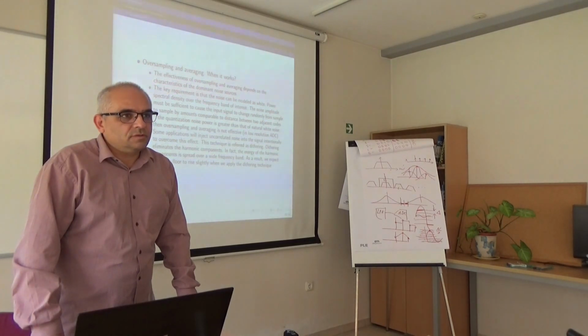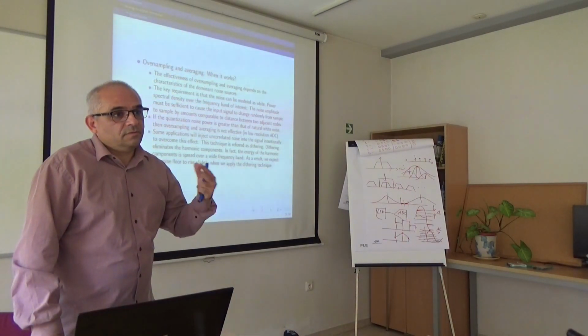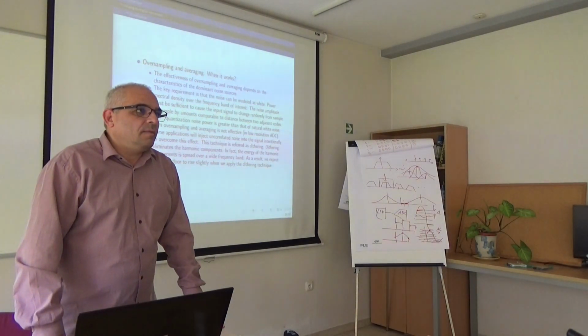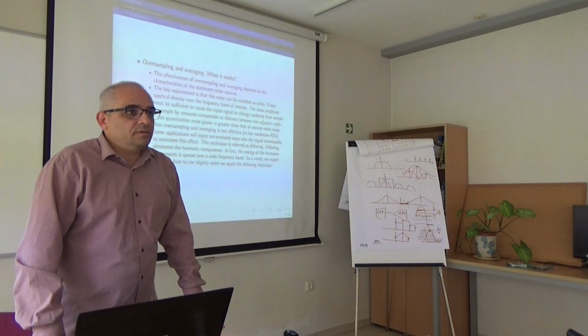The dominating noise for high resolution analog to digital converters is not the quantization noise, but the white noise. It dominates. So the averaging is very appropriate in such a situation. You have, for example, a 24-bit analog to digital converter.